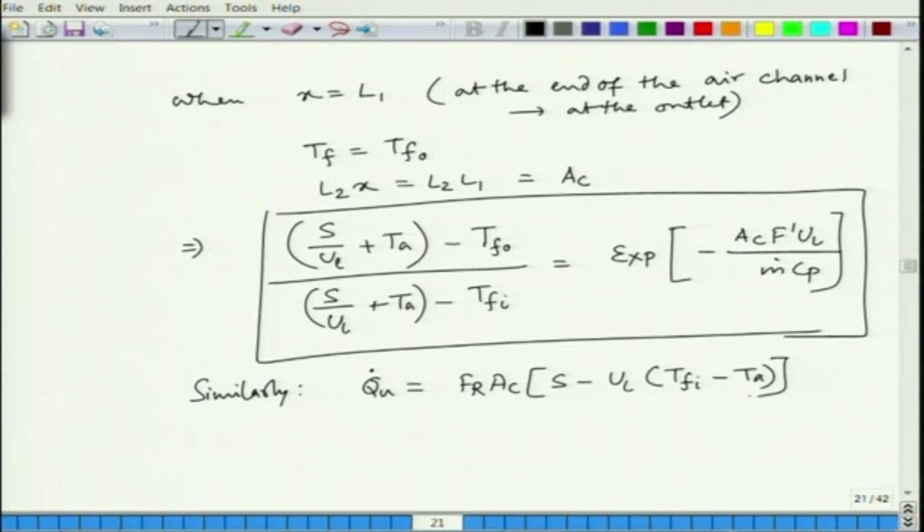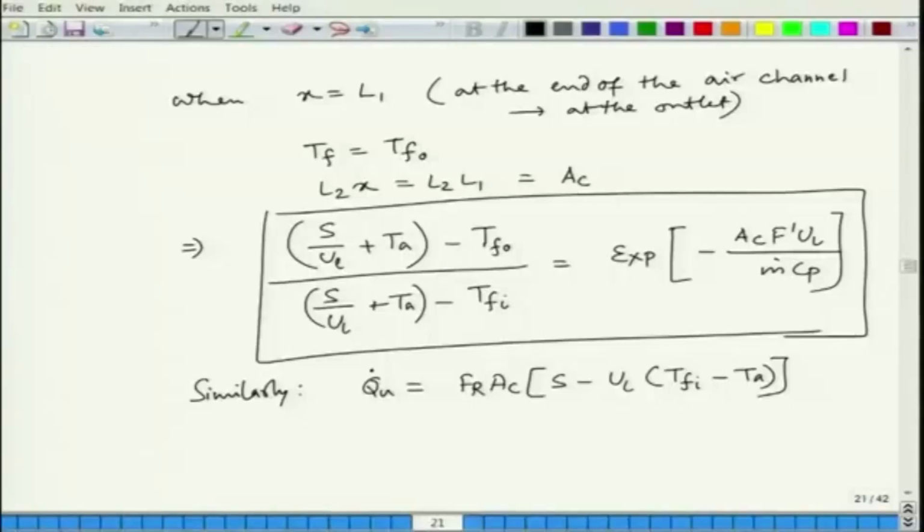So, here you note that I am not going through all the derivations again. You can just draw parallel between the air heater and the liquid flat plate collector, and that is how you can directly write these equations, the solution of the differential equations, and all the subsequent ones when you see this parallel between these two.